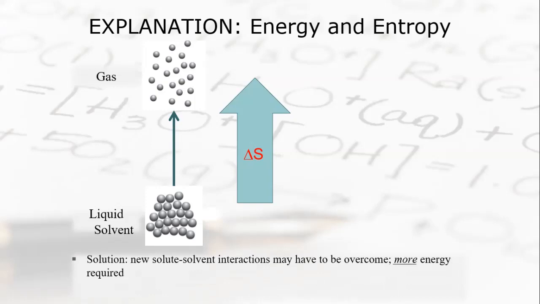So you're going to start by needing maybe a little more energy than you had with the pure liquid, because you have now two types of interactions to overcome. Some molecules have to be pulled away from each other. Some of them have to be pulled away from the solute. Again, remember that in this scenario, we're considering that the solute itself is not going to vaporize. Don't forget that. All right.